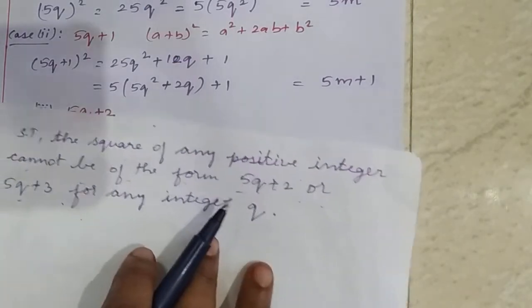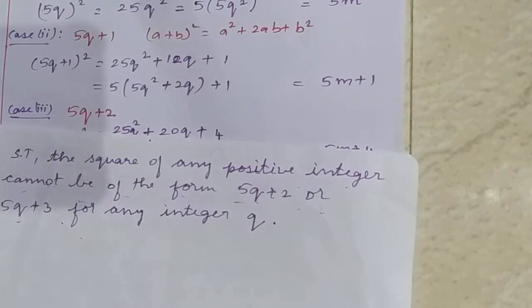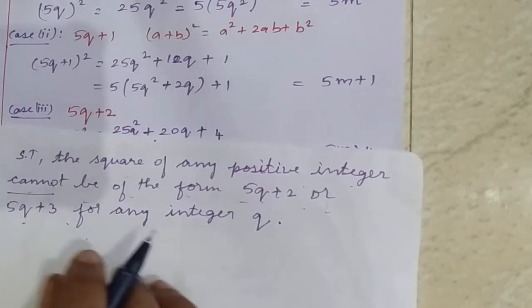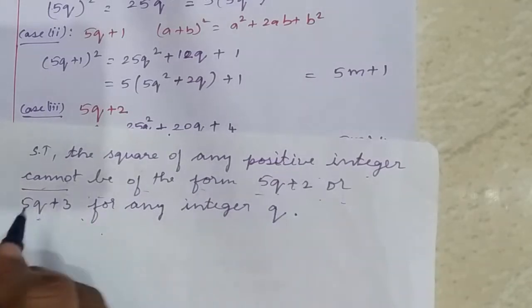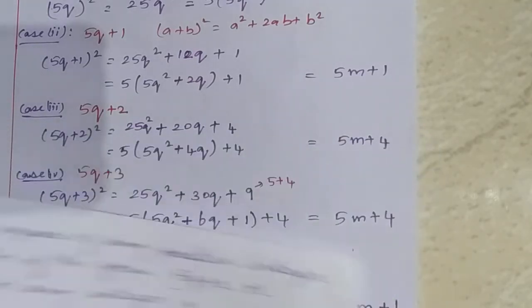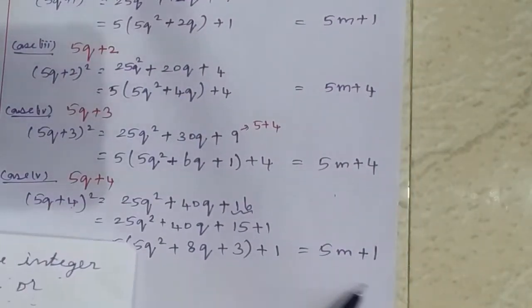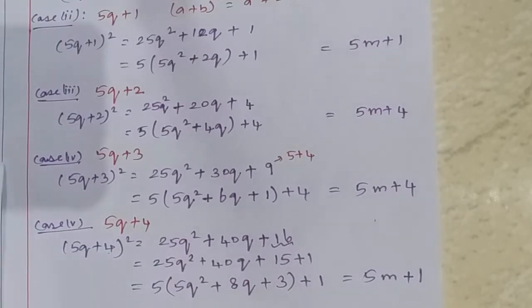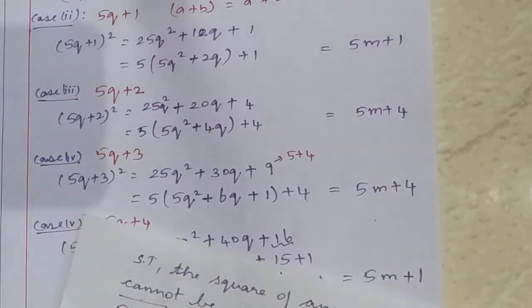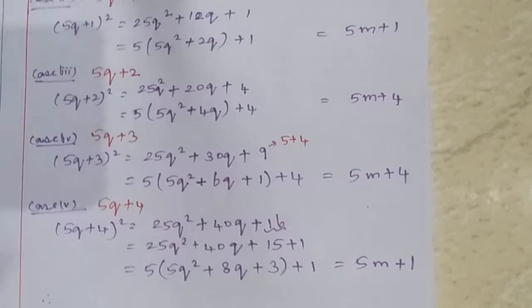But the question is, show that the square of any positive integer cannot be of the form 5q plus 2 or 5q plus 3. The values we got are of the form 5m, 5m plus 1 and 5m plus 4, and not of this form. Therefore we have to conclude the answer by writing the statement from the question.